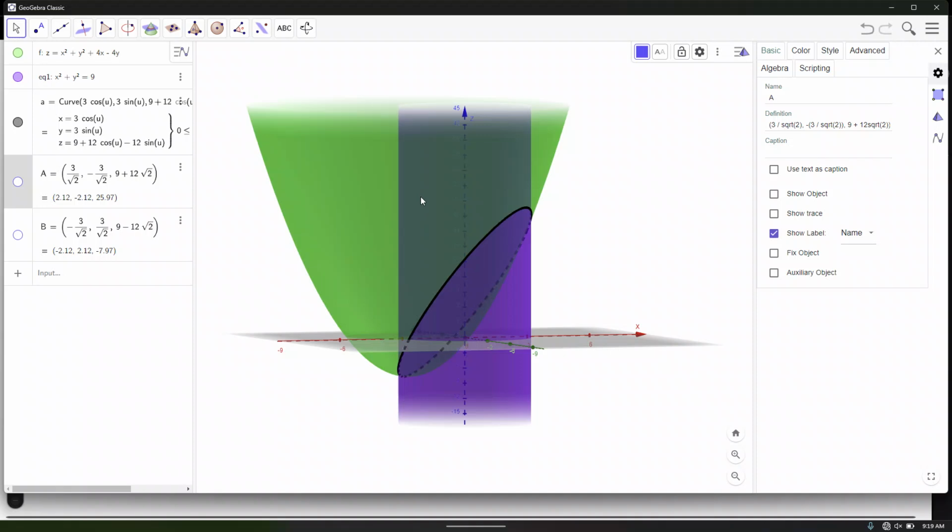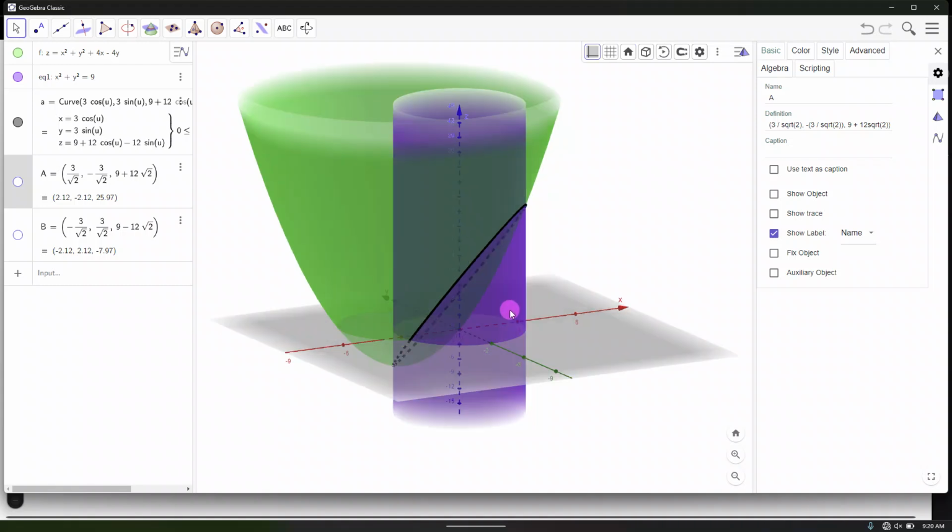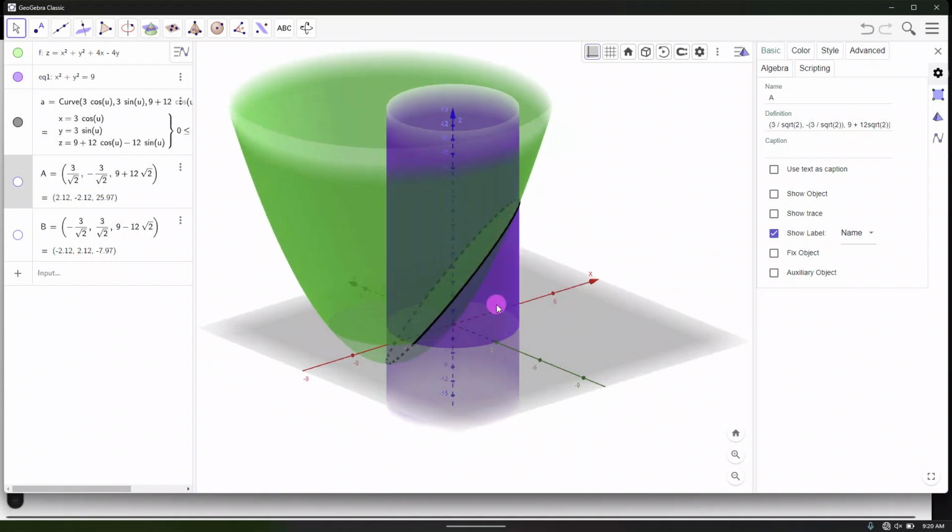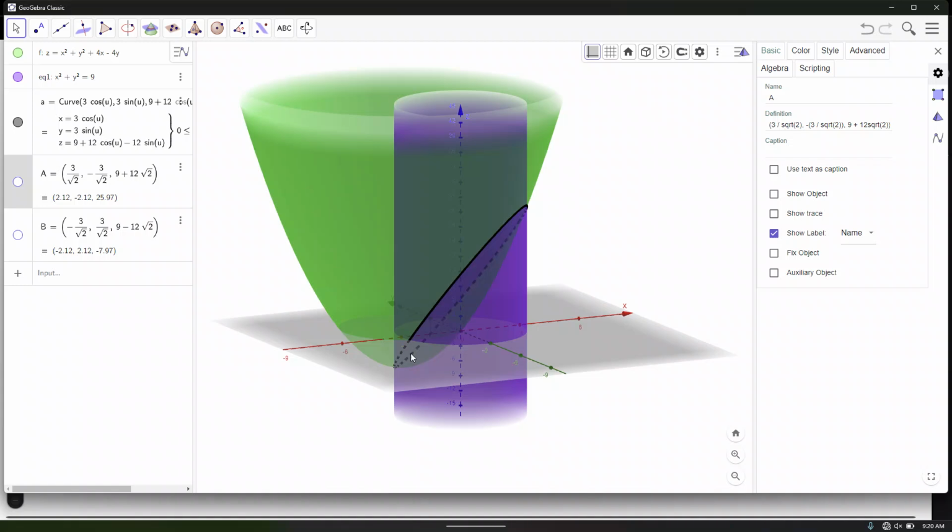Because now we're restraining this paraboloid to this cylindrical region. So do you see this little surface that we see right here, bounded above by this tilted elliptical plane, if you will? Okay, so now we're looking for a maximum here and then a minimum there, which are these ordered triples, right?